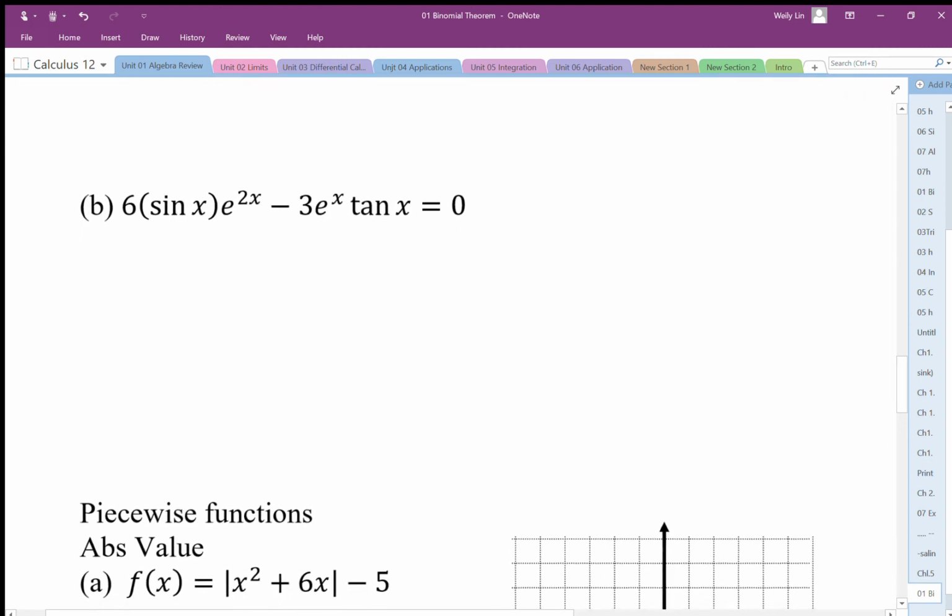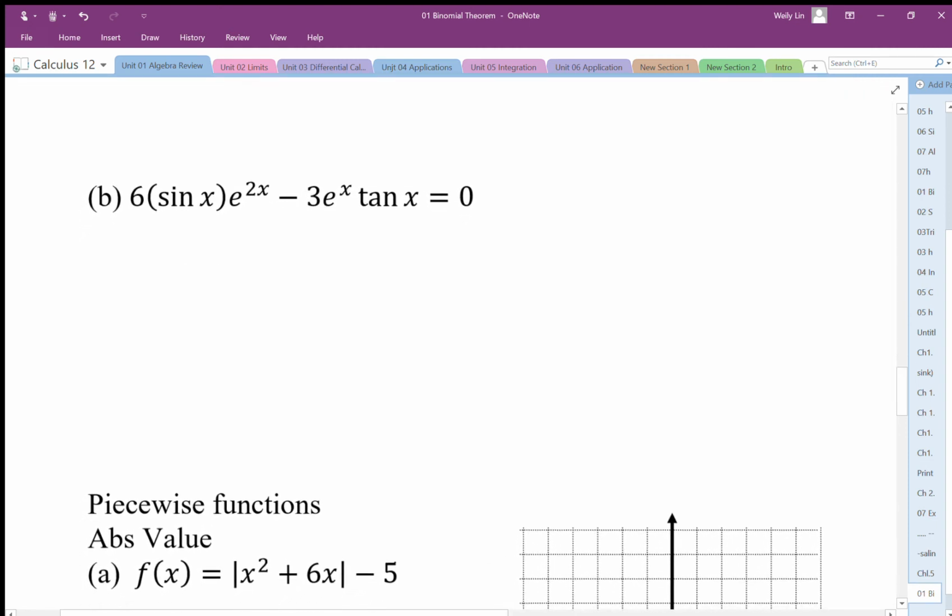So the same thing can be done here. I need to solve this. I can't isolate the x's here because this x is embedded inside a tan, in the exponent, e, sines, everything. So I'm going to at least start by factoring. Maybe as I factor, I can see some common terms factor out. I have a common factor of 3. I have a common factor of e to the x. Now, because tan can be expressed as sine x over cos x, I also have a common factor of sine.